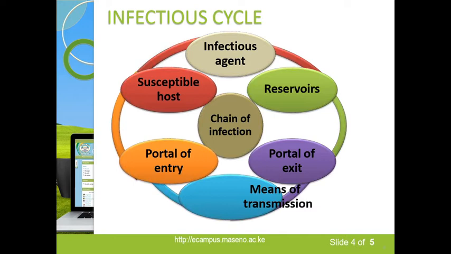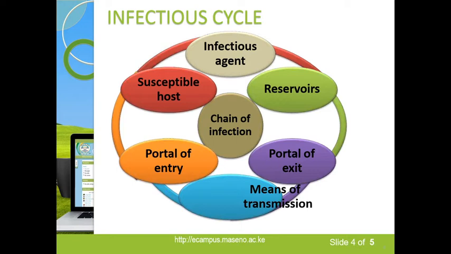Now, for an infectious agent to get into a person, there must be a susceptible host. A person may become susceptible, especially in the dental unit, if there's breakage in the continuity of the skin or the mucous membrane.